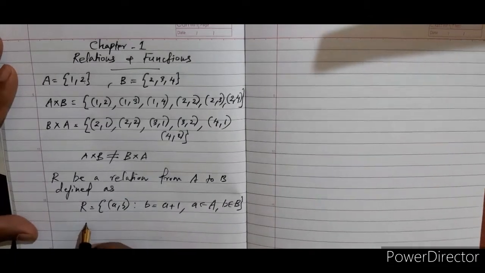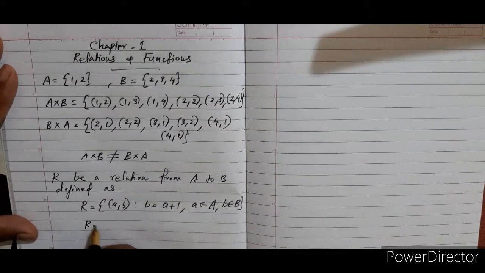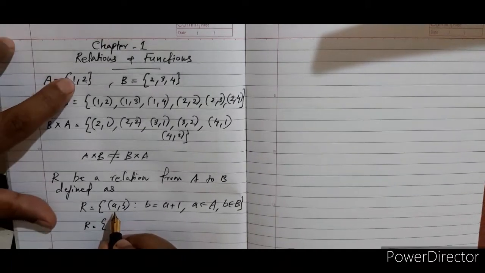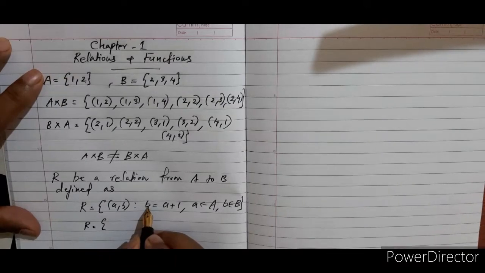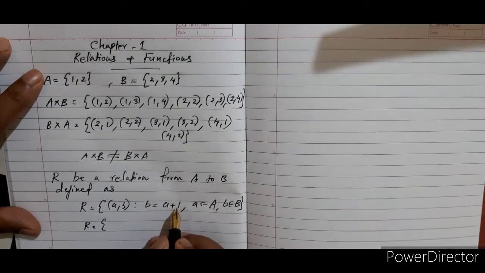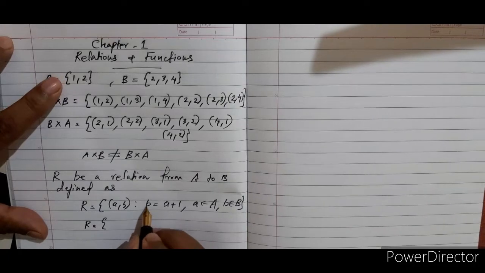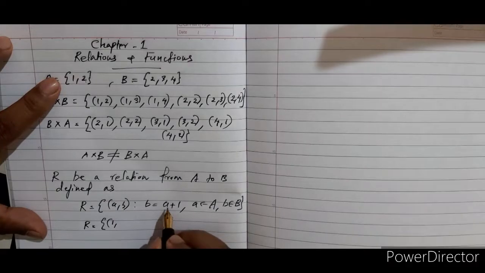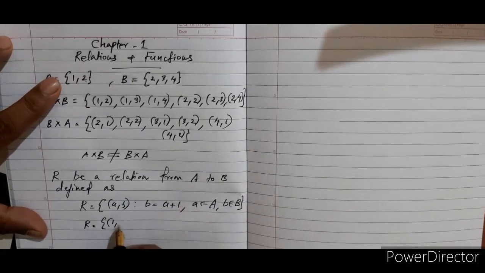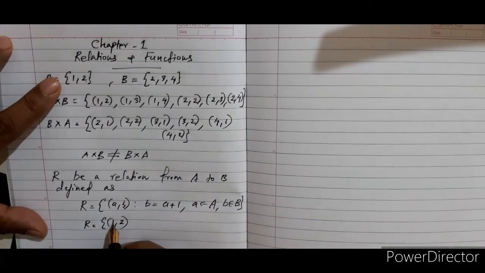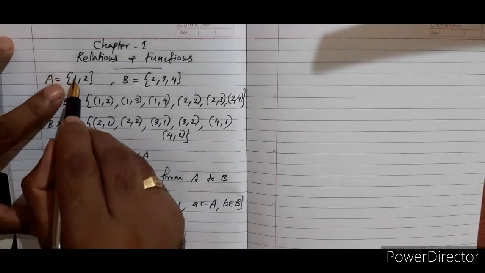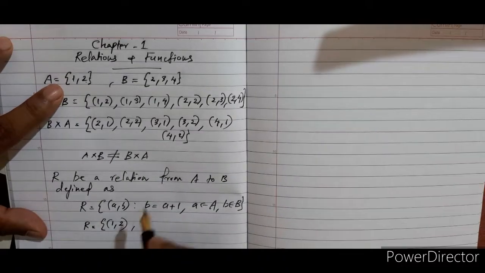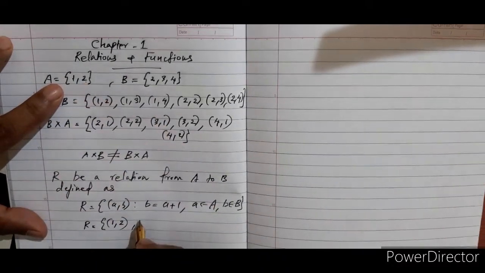So first you have to write the elements of R. Suppose the value of a equals 1, what will be the value of b? The value of b equals 2. That means 1 is related to 2. If a equals 1, b will be 1 plus 1, right? 2. That means 1 is related to 2. Then take the second element of A, that is 2.